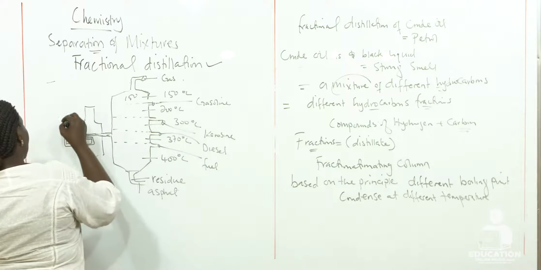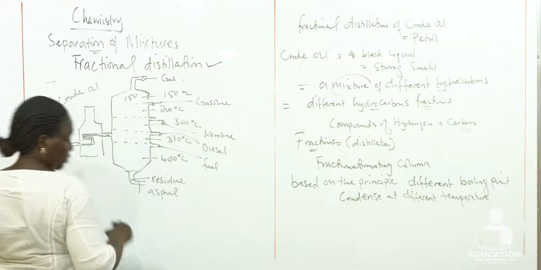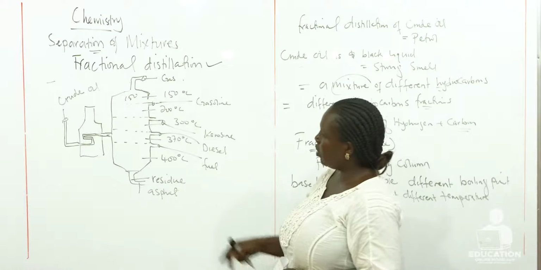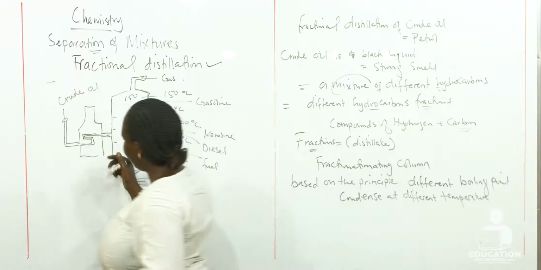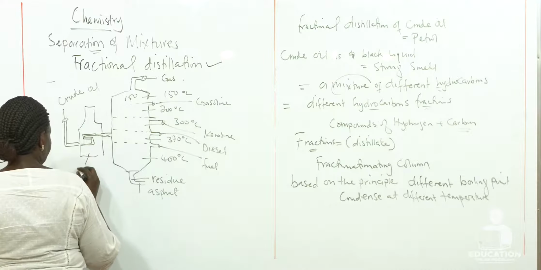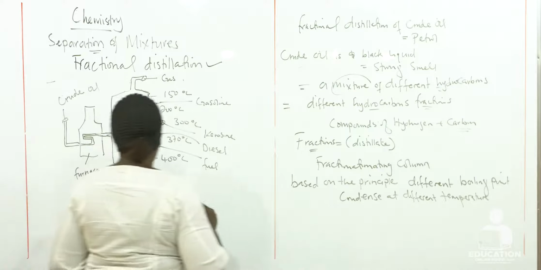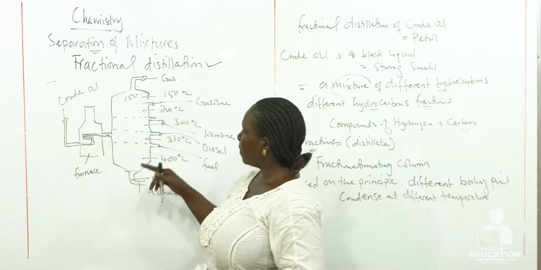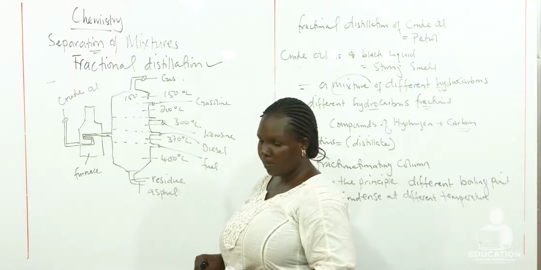This is where the crude oil will be injected. This is a sketch of a fractionating column. This is the furnace where heat is applied. The crude oil will pass from here, heated, and then pass through the fractionating column.